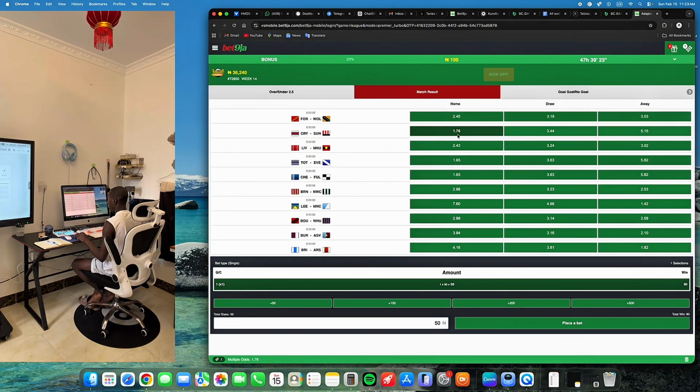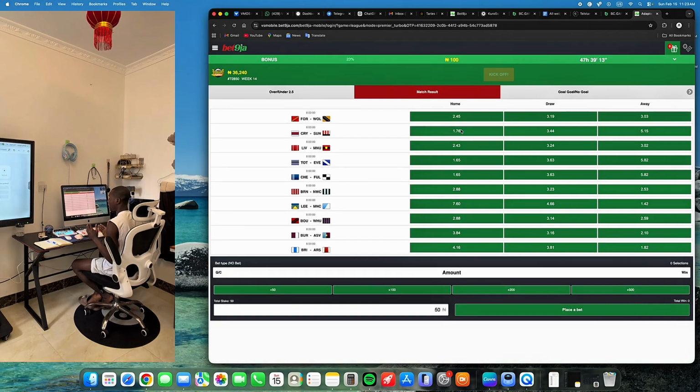But when combining, you know that you are accumulating multiple risks. So it's best that you play double chance or over 1.5. If it's over 1.5, if either of the teams scores up to 2 goals or more, you have made a win already.